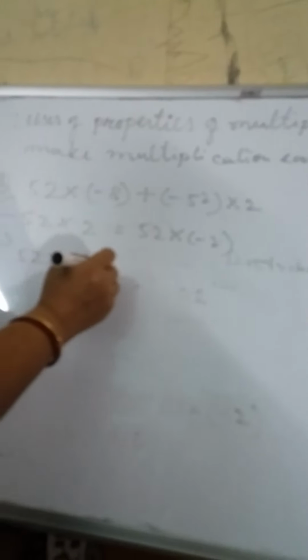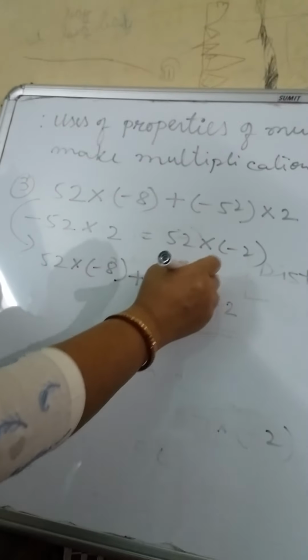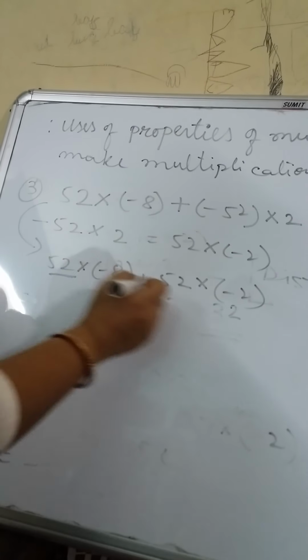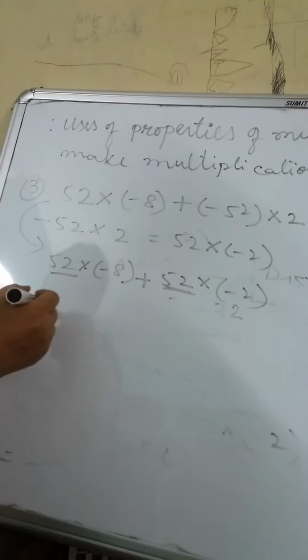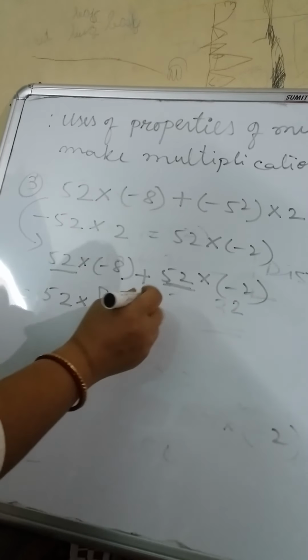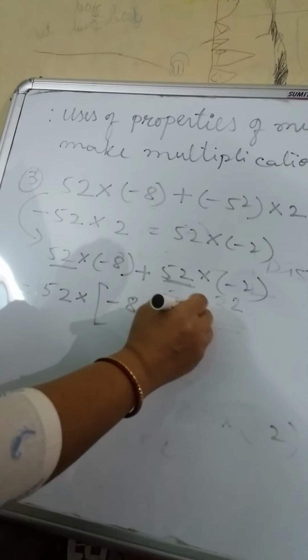Same result. Okay. Now this will become 52 into minus 8 plus 52 into minus 2. So 52 is a common number there. So 52 into minus 8 plus what remains? Minus 2.